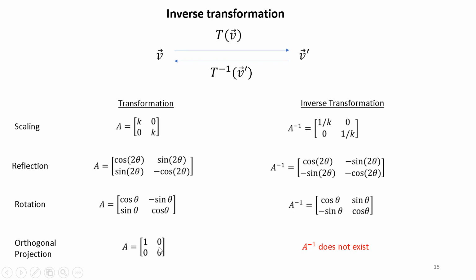One special case here is that if I take the orthogonal projection matrix, the inverse transformation does not exist. Mathematically, it's easy to understand because the inverse matrix of this matrix does not exist, since the determinant is 0. And geometrically, it's also not difficult to understand.